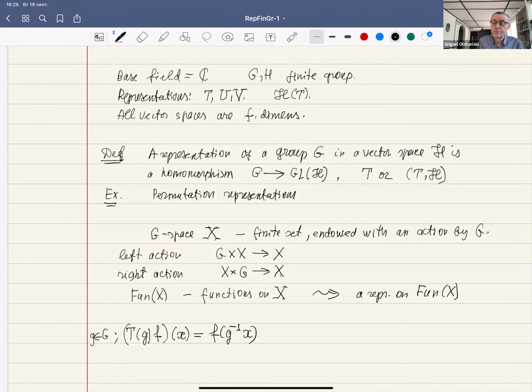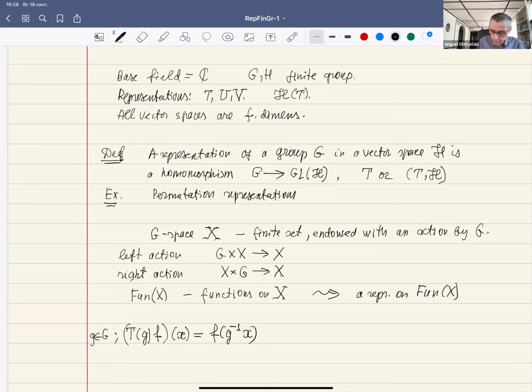So in order to have a left action by G here, you need to invert and have essentially the right action.